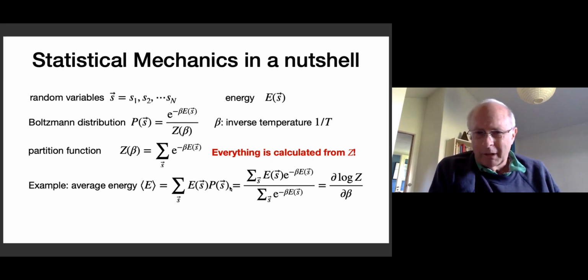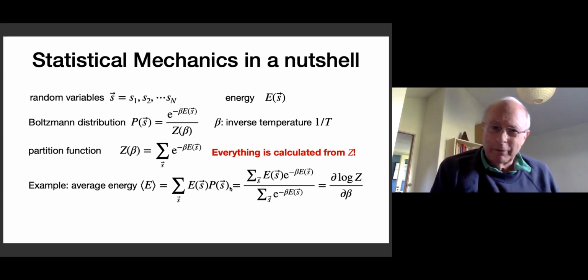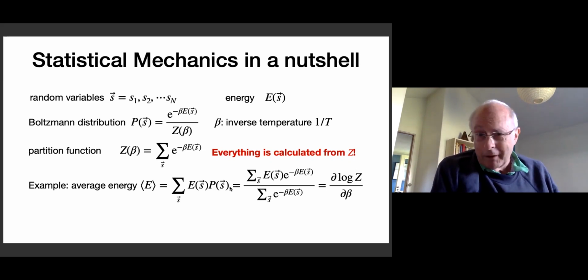It's just more convenient for writing equations to write them in terms of beta rather than T. Actually it turns out the really interesting quantity you have to know is this thing in the denominator, which you might think, oh, I just need that for normalization. But it turns out you can get everything from the partition function, that denominator there.